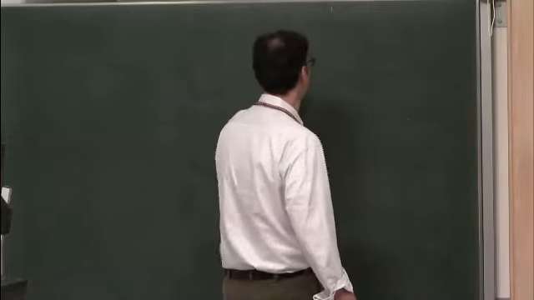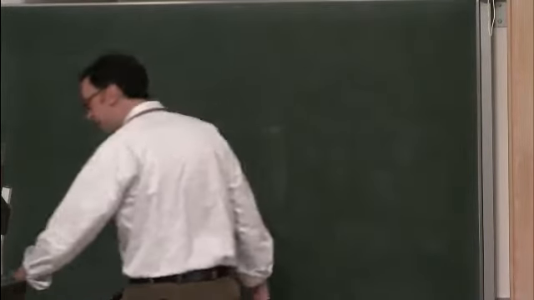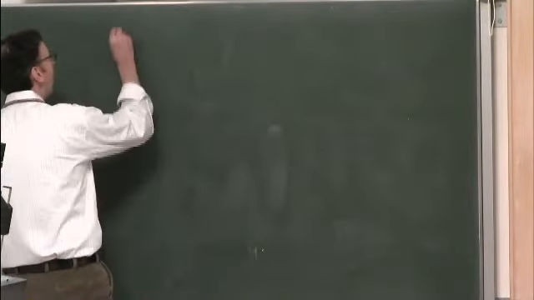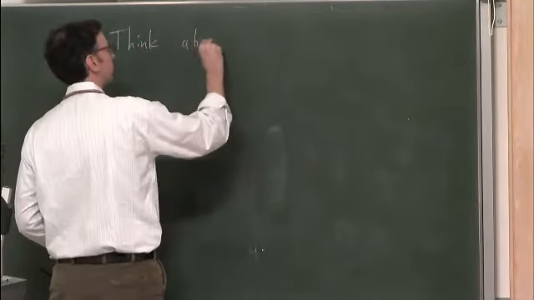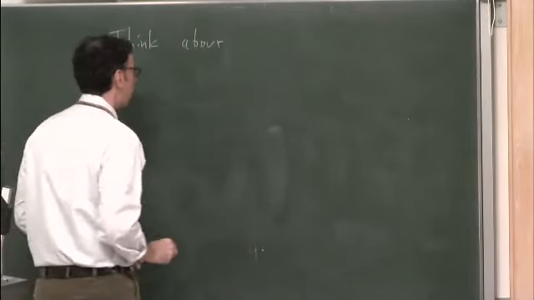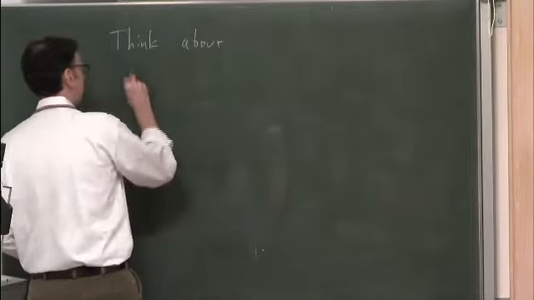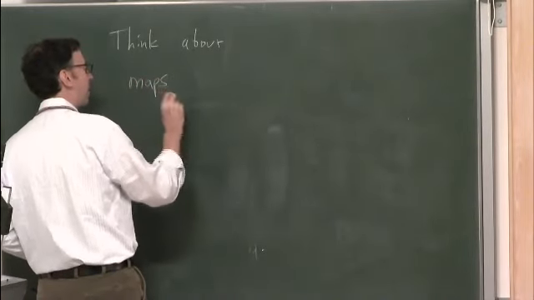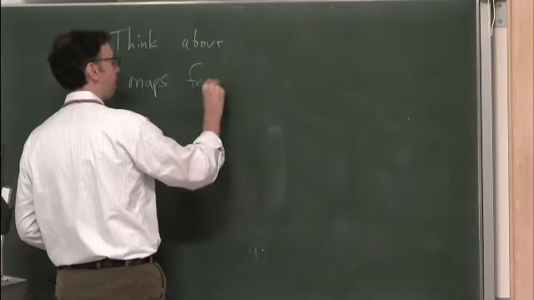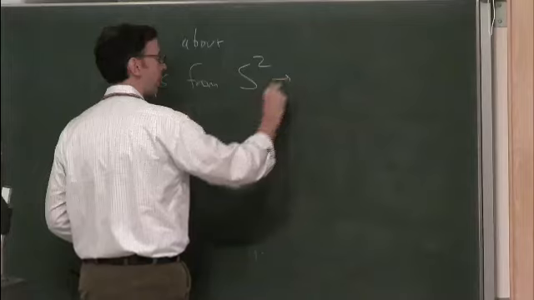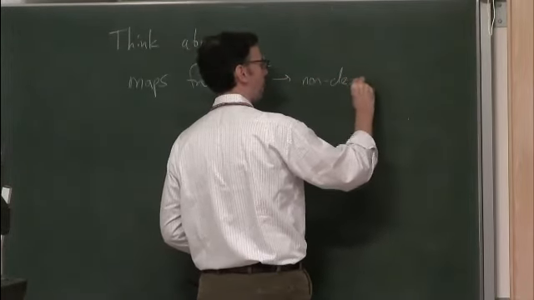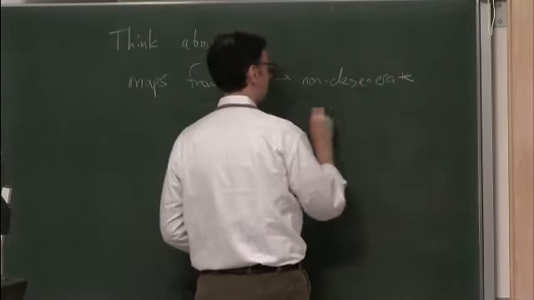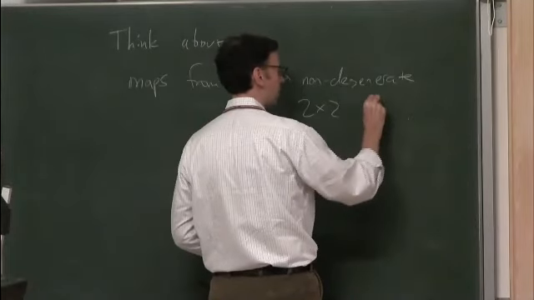But to give a quick picture of another integer, let me think about topology of Hamiltonians. And in particular, without explaining why I want to think about this, let me think about maps from the two-sphere to non-degenerate two-by-two Hamiltonians.